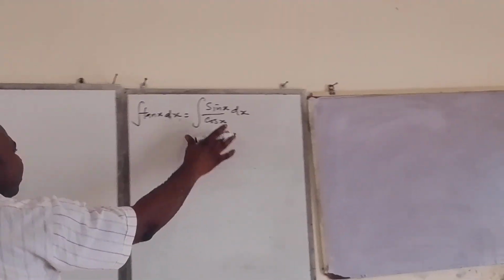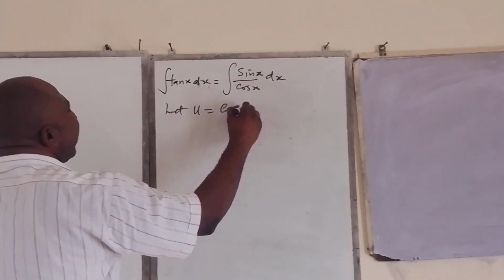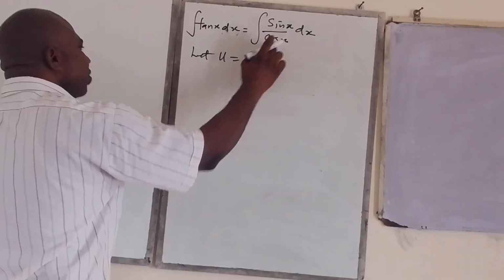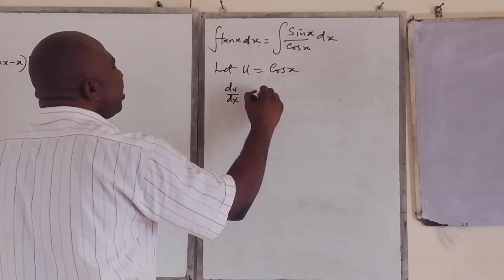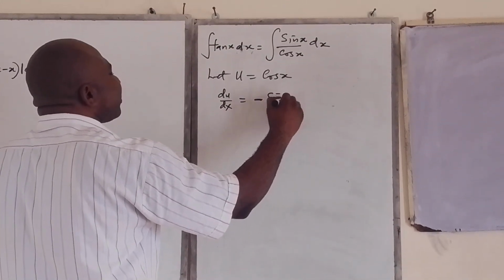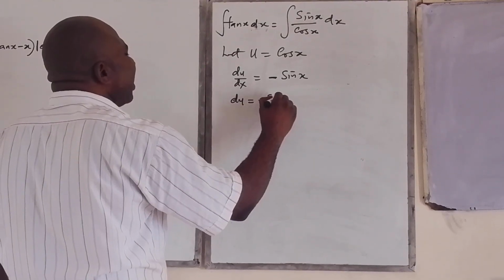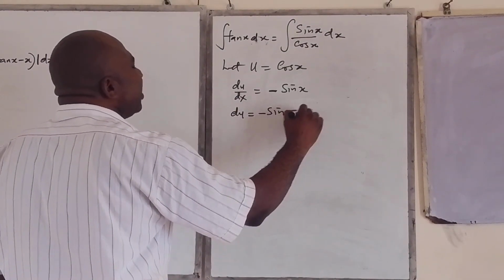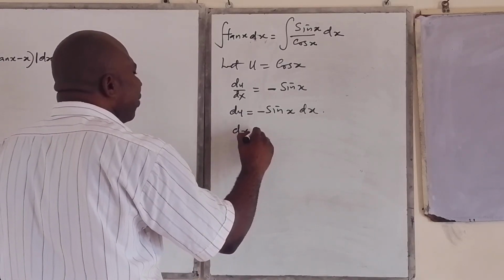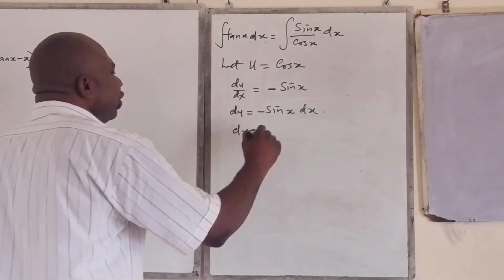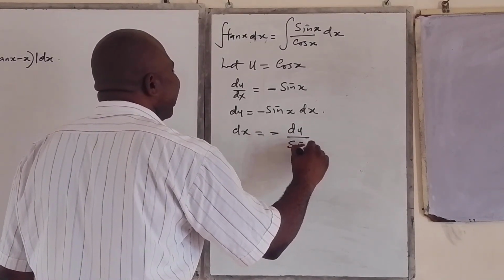To integrate this, we let u be equal to cos x. When you differentiate cos x, you have minus sin x, so du is equal to minus sin x dx. So dx will be equal to minus du over sin x.